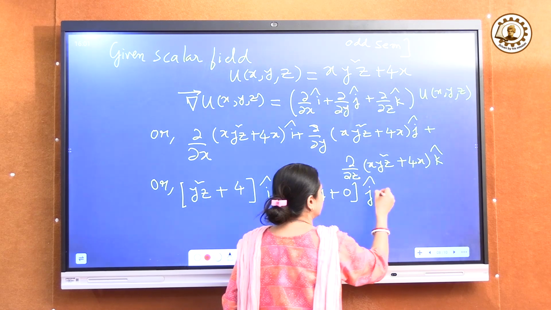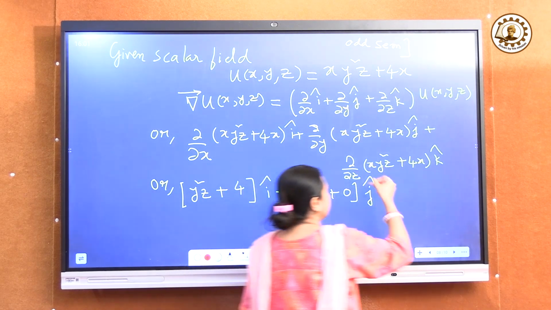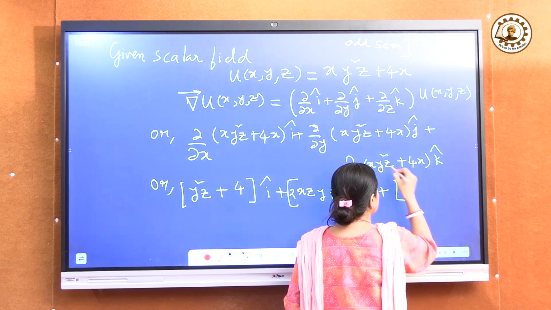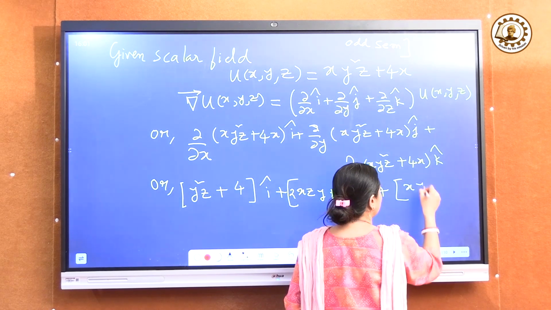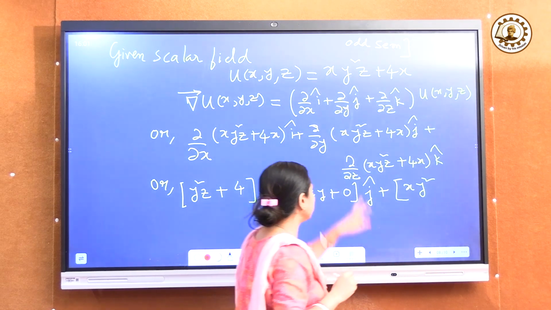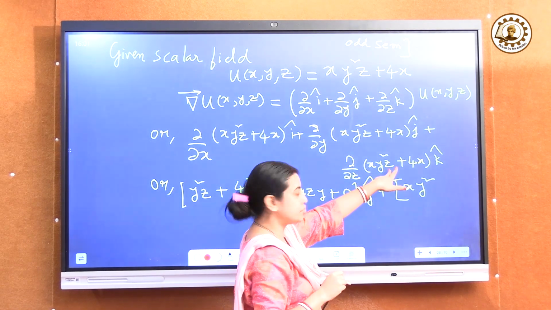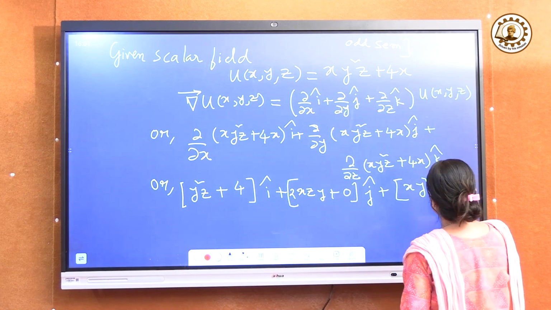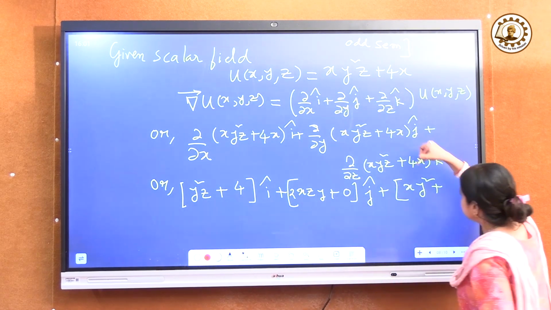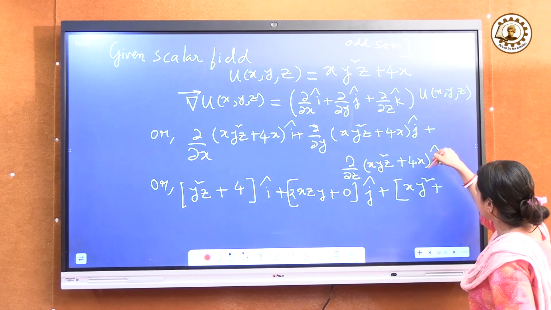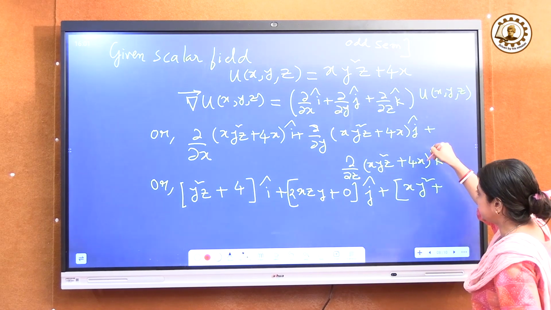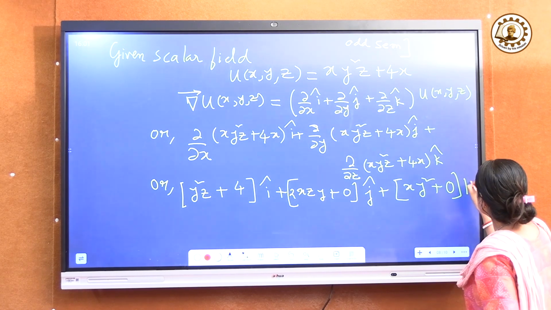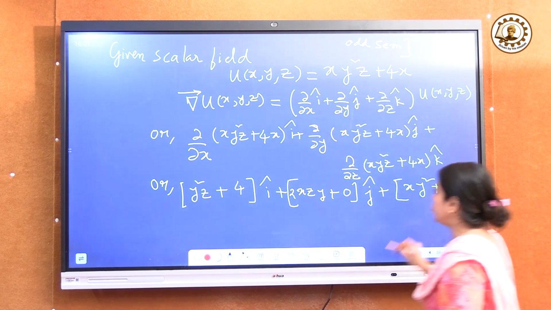So this is the j cap component, plus here x y square will remain as a constant, so del z of z is 1. And in the term del z of 4x, there is no z term present, so this part will also become 0. So this is your k component.